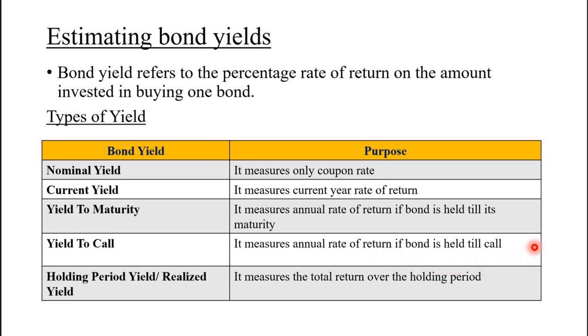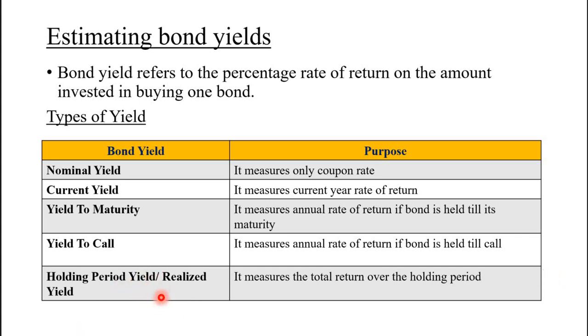If the company calls before the maturity date, then till that call, how much annual rate of return or yield is earned will be calculated with the help of yield to call. Next is holding period yield or realized yield. It measures the total return over the holding period. For the period you held the investment, security or bond, the total return you got will be calculated with the help of holding period yield.